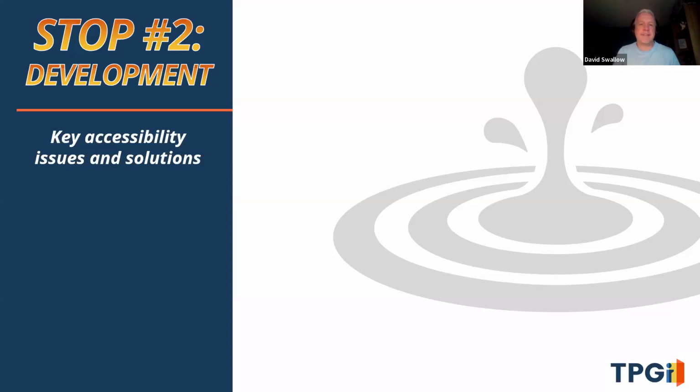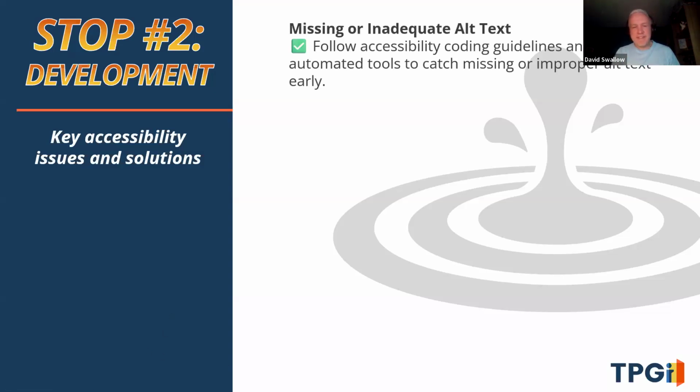And when accessibility isn't considered here, problems really start to solidify. So let's revisit our recurring issues and see how they play out in development. Missing or inadequate alt text. So developers might hard code image elements without alt attributes or rely on the placeholder text, alt equals image or alt equals blah.